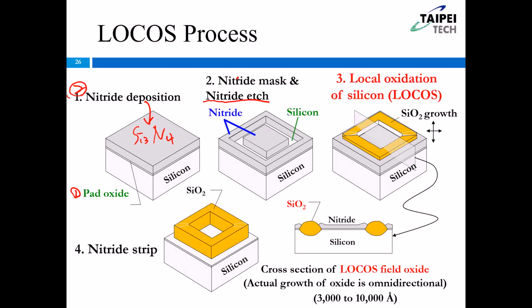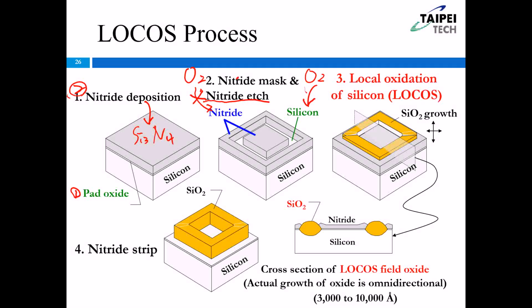And then I put this silicon wafer into the furnace, and I put in the oxygen. Oxygen only reacts with silicon. Oxygen will not react with nitride. So only in the central region can we grow the silicon dioxide.